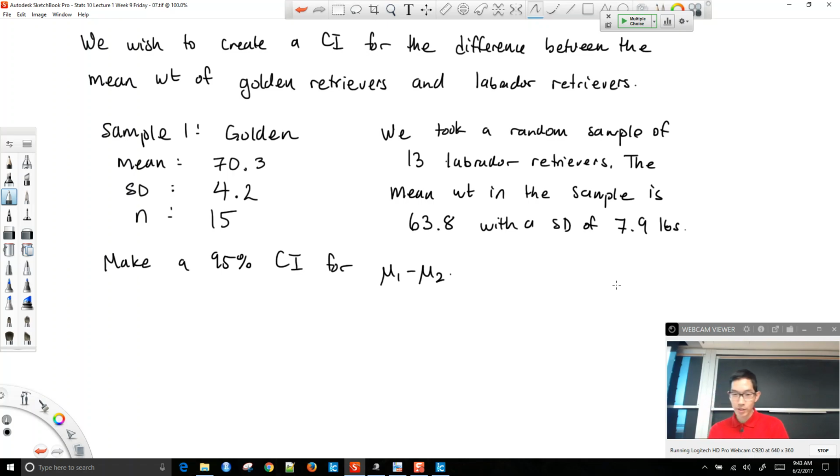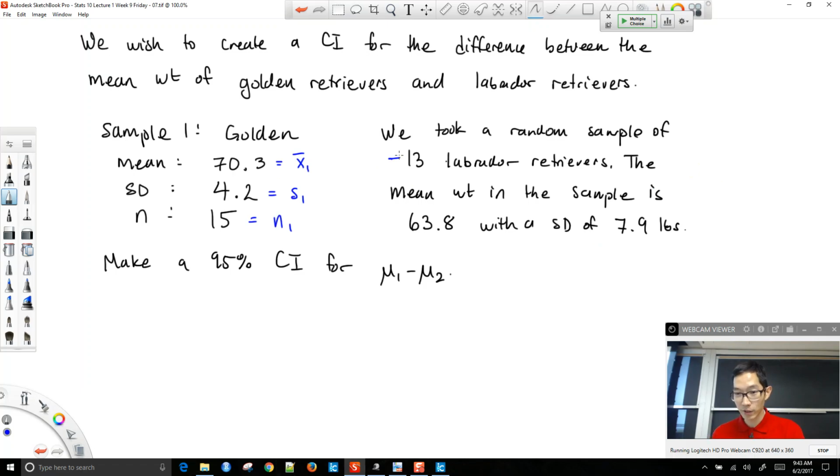Probably your values will come in text form, and so you just have to go through and label these. We're going to call this sample 1. So this will be x bar 1, this will be S1, and this is N1. Then I would go through and label each of these things.